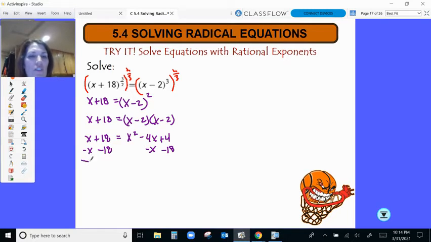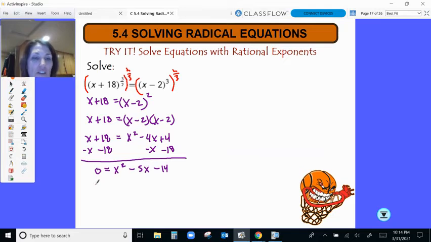Okay, so we have 0 equals x squared minus 5x, and then minus 14. So now we have factors of negative 14 add to negative 5 are going to give us x minus 7 and x plus 2. Okay, so my solutions are going to be x equals 7 and negative 2.